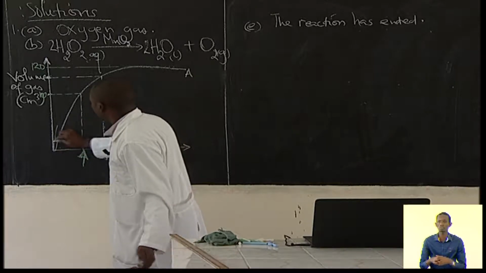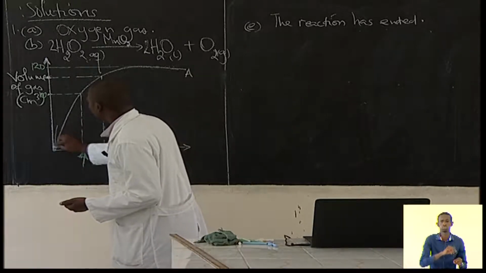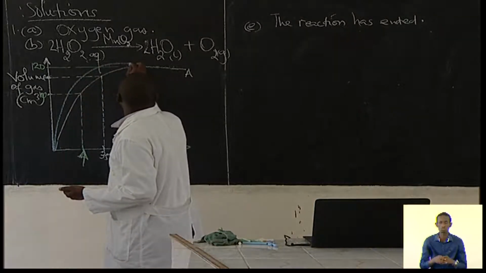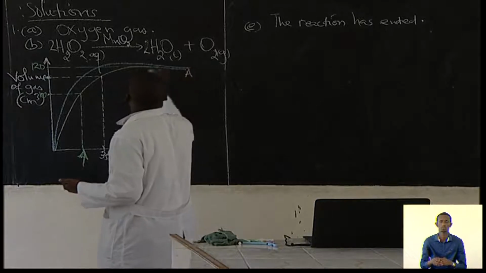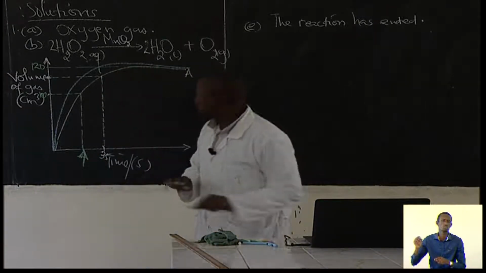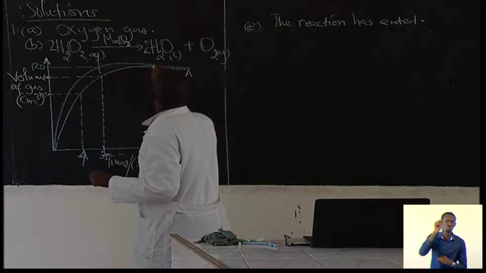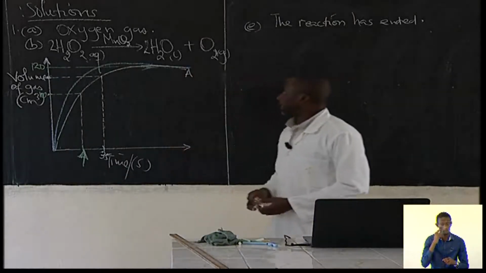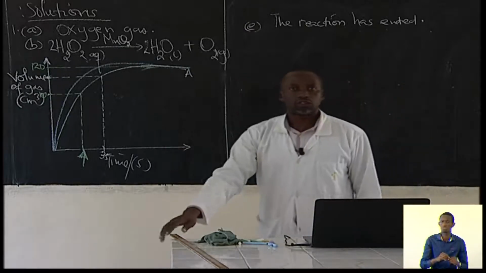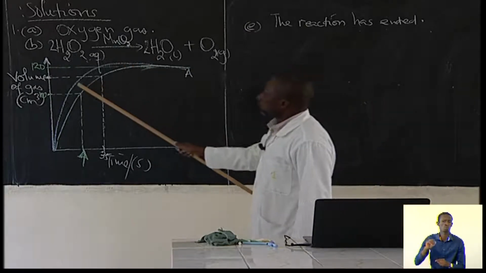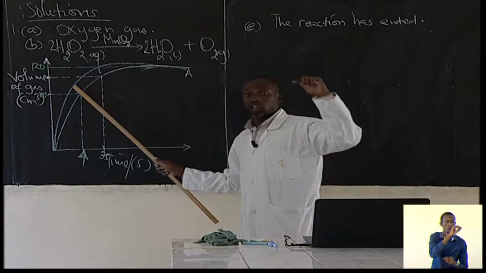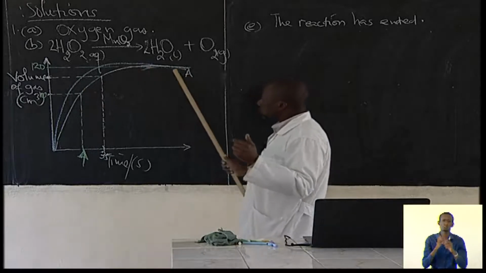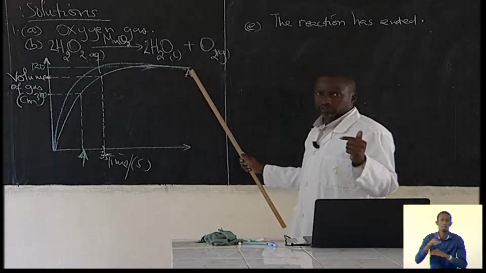So it is the same. The reaction starts at the same time, but this one is occurring much faster. So this one moves in that case. When you have such a case, this one is much faster than this one, and these reactions are all ending at the same time.